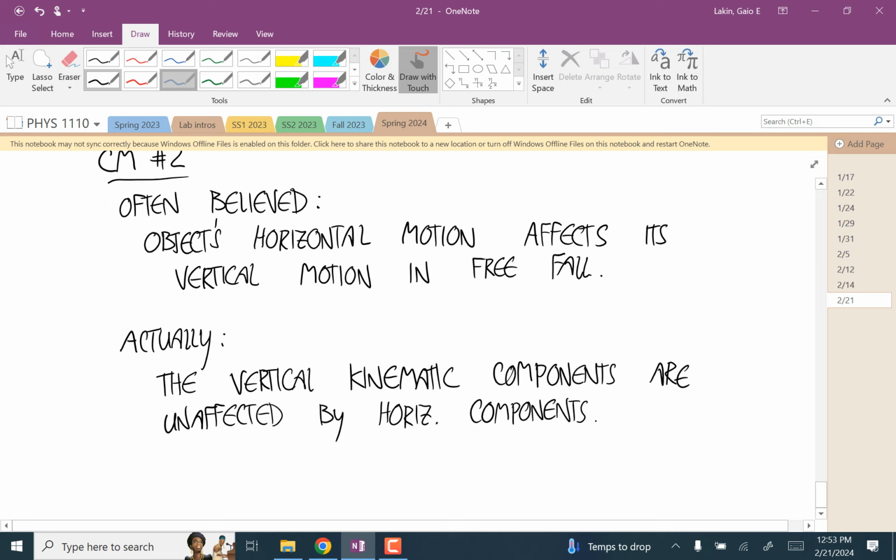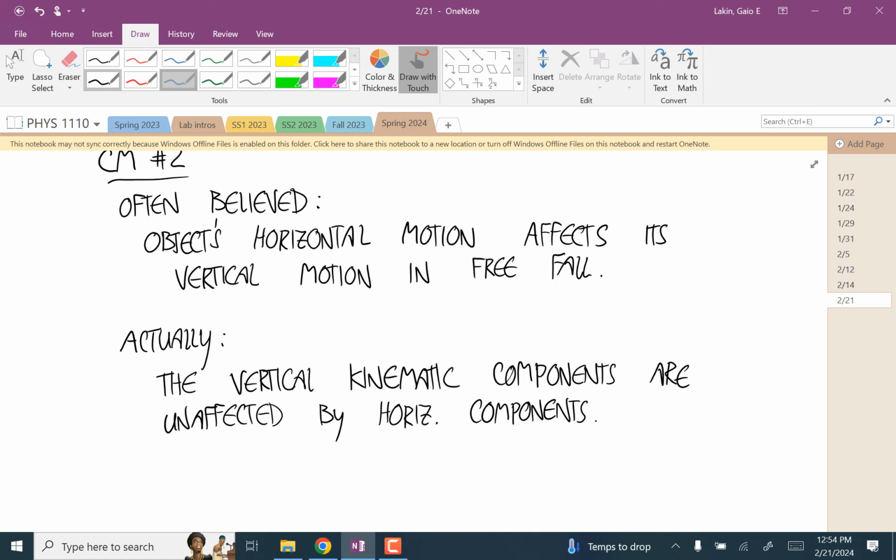Well, there are some examples where the horizontal motion of an object is important for its vertical motion, like an airplane, for example. You can't fly an airplane without any horizontal speed. Or a frisbee, there's definitely something about the flight of a frisbee that depends on the fact that it's flying.